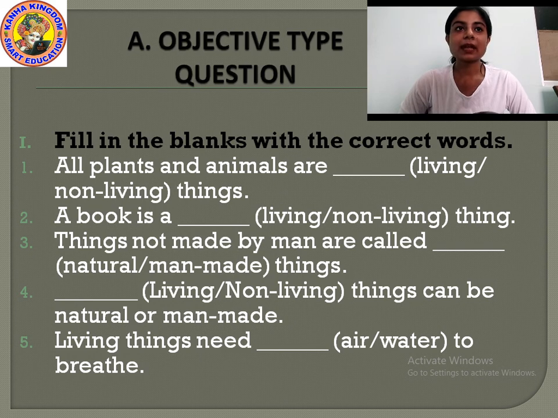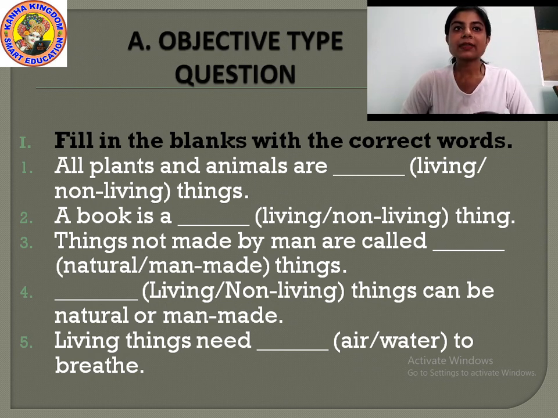Number 2. A book is a dash, living or non-living thing. The answer is non-living.